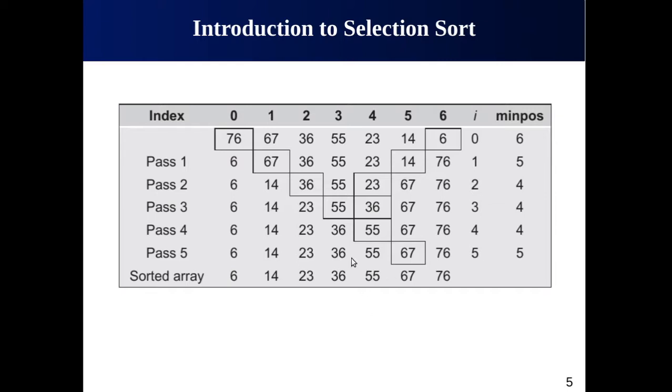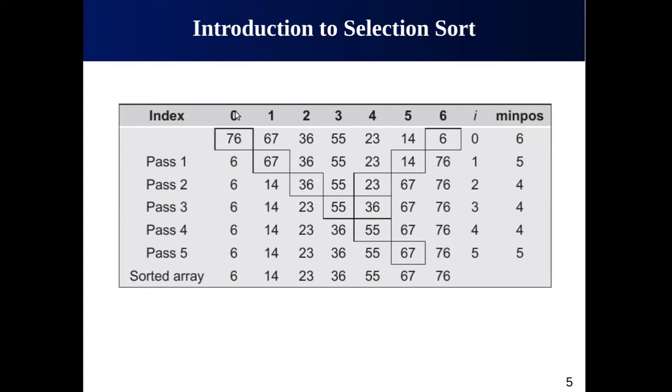How does it work? Let us understand with a simple demonstration. Here we have a list of elements which are in unsorted form. The list has 7 elements starting from index 0. You can start the index with 0 or 1, it depends on you.